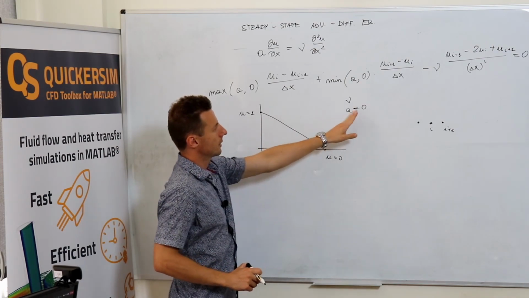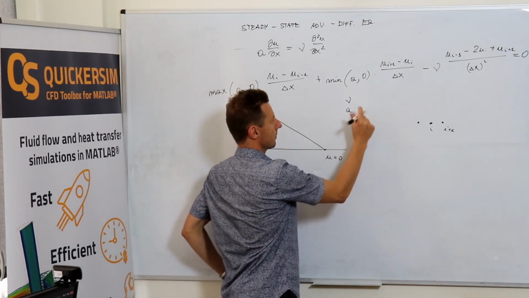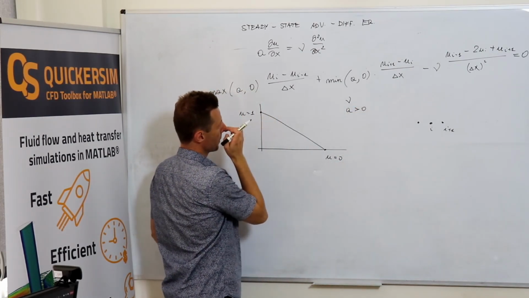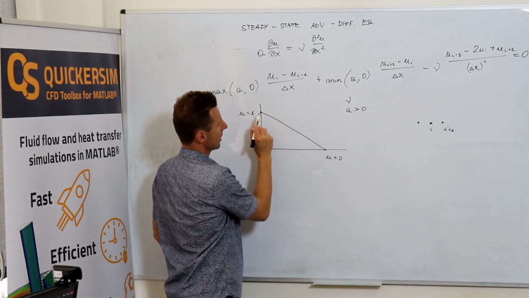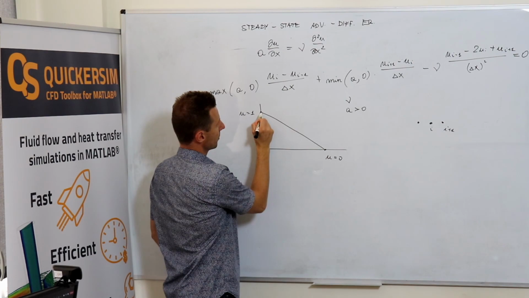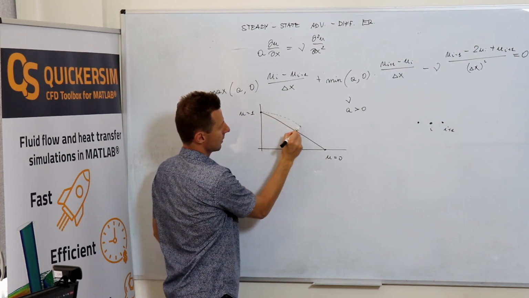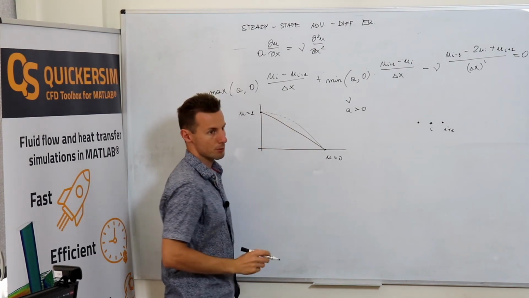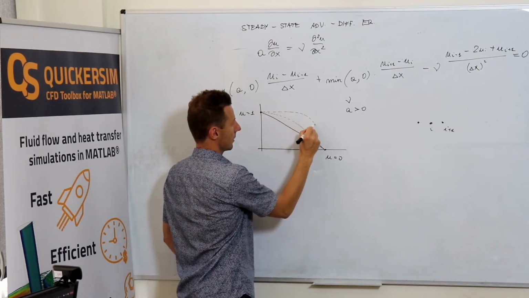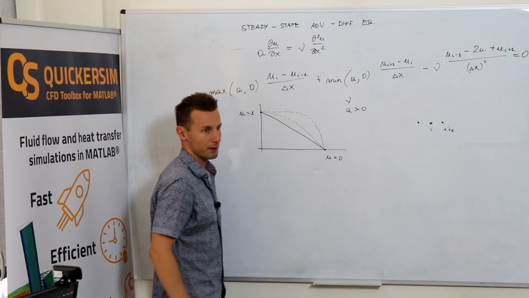If we increase the velocity, then the solution is more and more advected to the right. If you've got small velocity, you have such a solution. If you increase the velocity, you would end up with something like that.